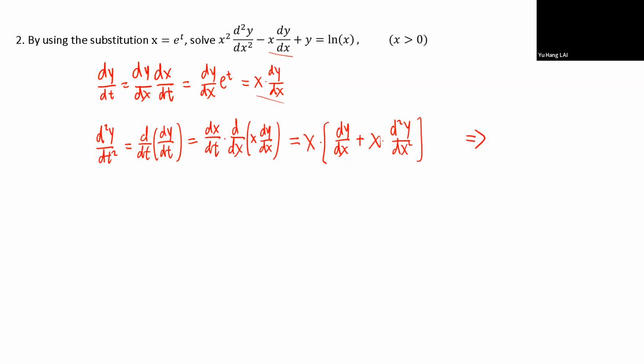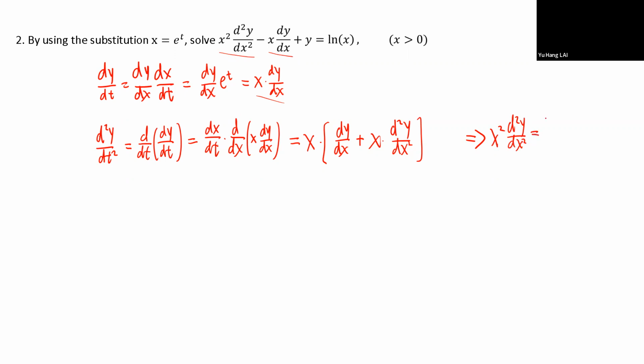Now you can see what we want here. You see that this x square d square y dx square appears on the right hand side, and that's exactly what appears in the equation. So let me just express this x square d square y dx square in terms of other terms.